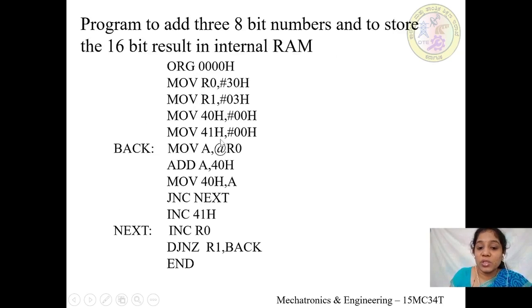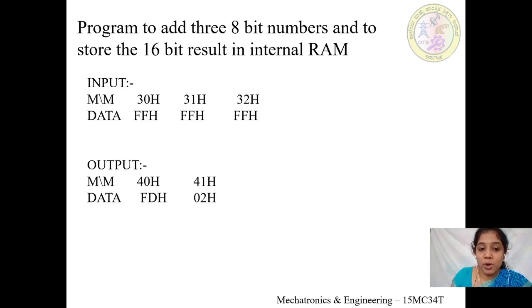So I am using indirect addressing mode, that is MOV A, @R0. R0 is having 30H, and 30H contents is my data. So the accumulator will be loaded with the contents of 30H.